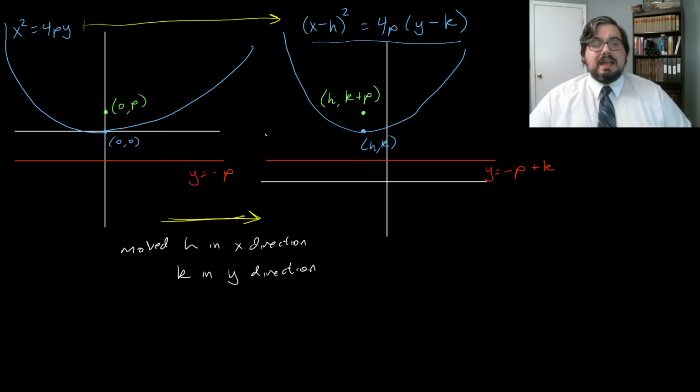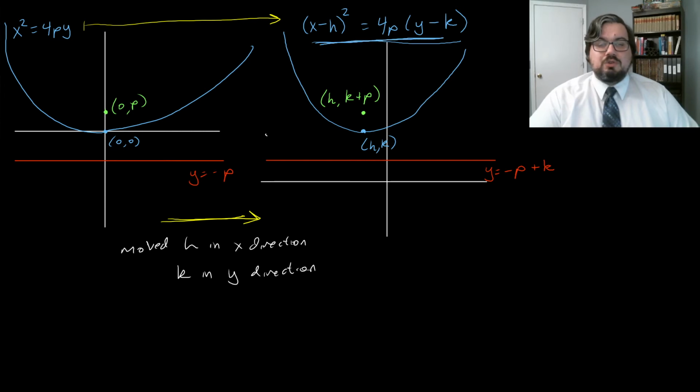So if we have a graph that has its vertex at some point other than the origin, we can expect its equation to look like this. Now, of course, this is not typically the way that you see the equation of a parabola look. Let's see an example.